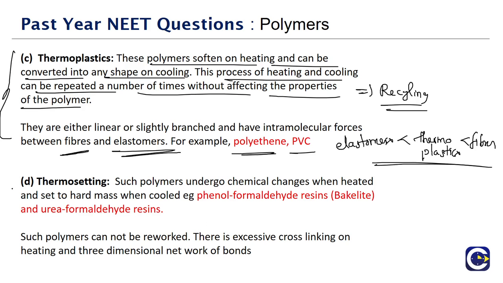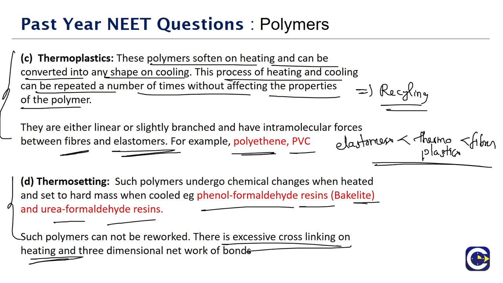Then the fourth category, where we'll have very strong forces. It's a three-dimensional polymer network. Okay. So the polymer networks that we have seen already, right? The phenol formaldehyde resin, example is bakelite, or the urea formaldehyde resin, all these cross-linking polymers. What happens is when we heat them, there will be excessive cross-linking.